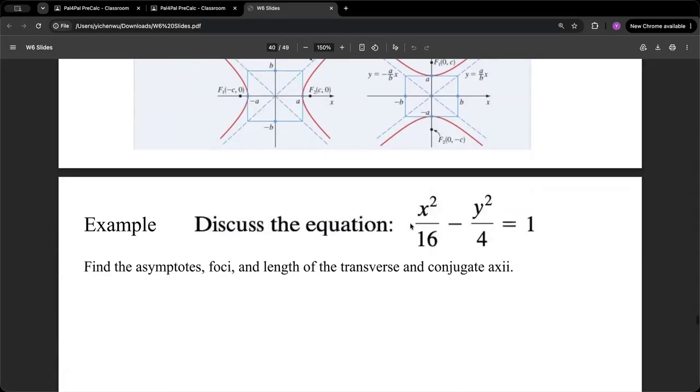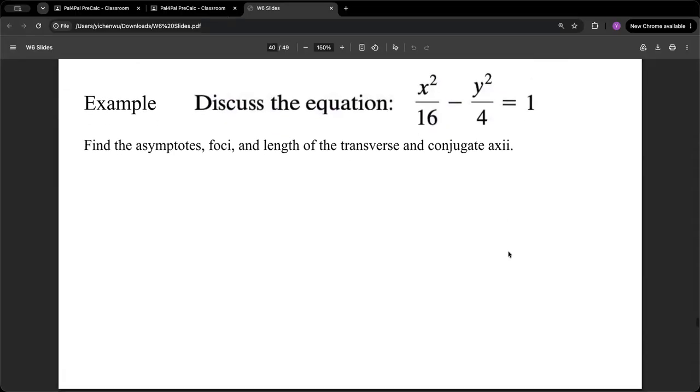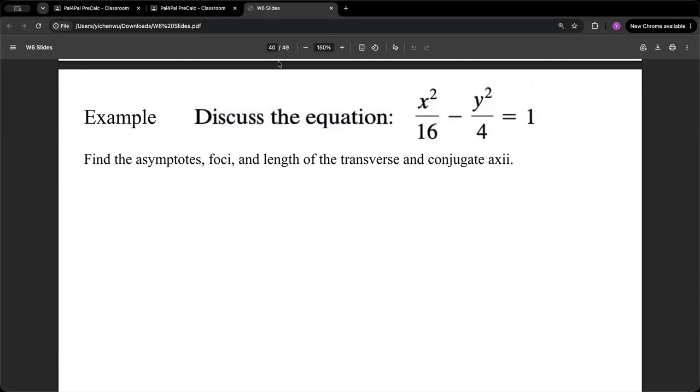I'll also add here to find the vertices.